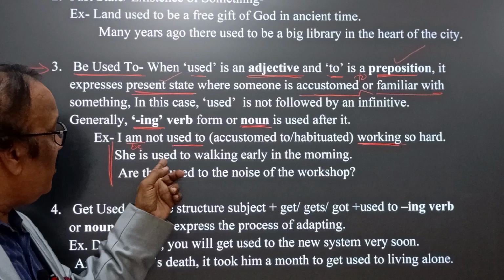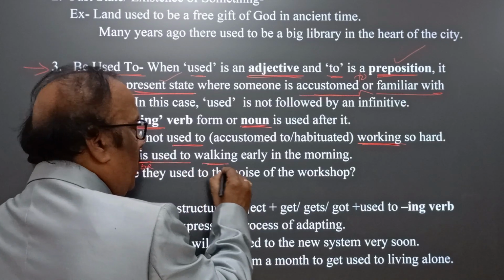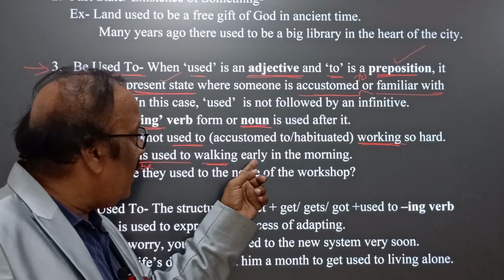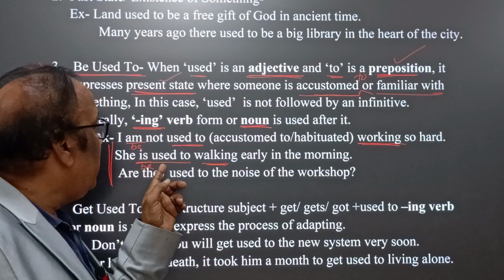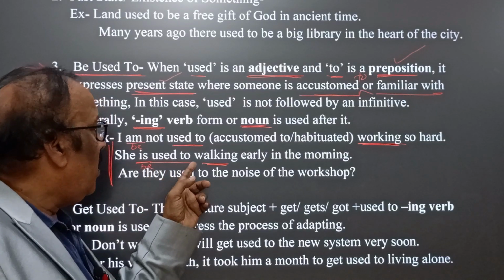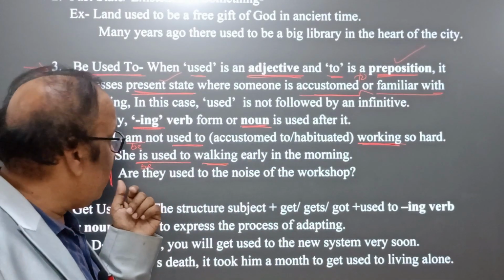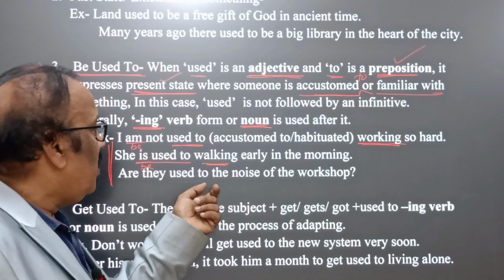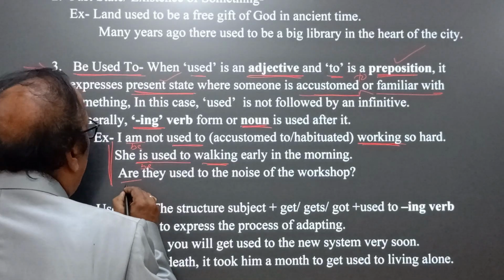She is used to working early in the morning. The be verb is here, and working is the ing verb form. Yes, it means she is habituated or accustomed to working early in the morning. In a question sentence: are they used to the noise of the WhatsApp? Are is the be verb.